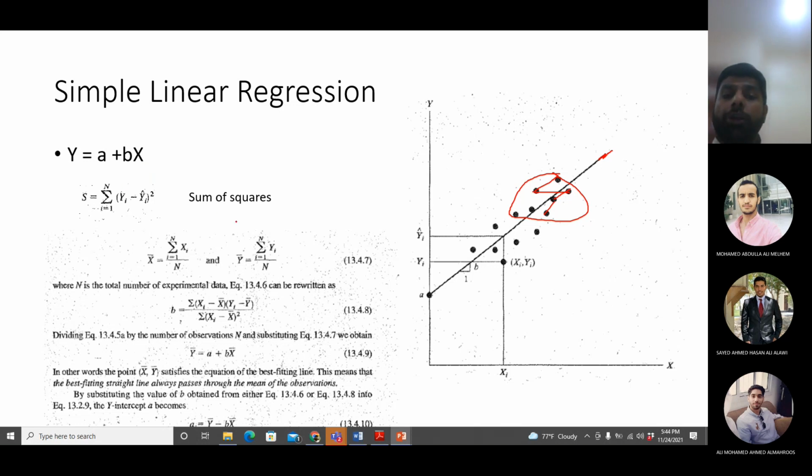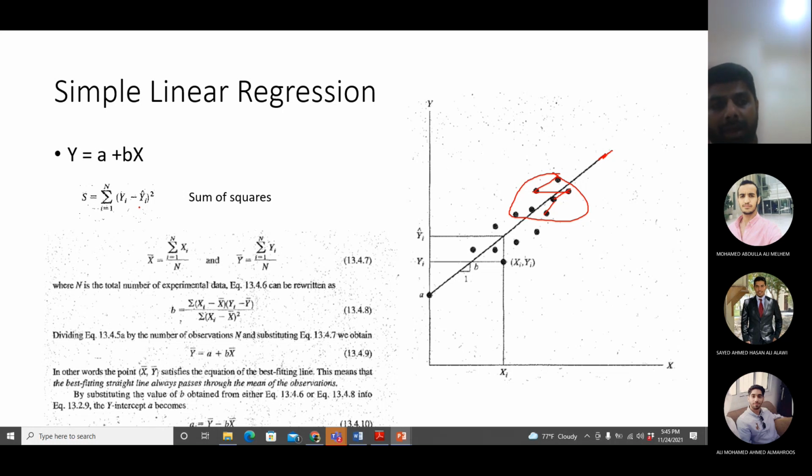I told you that for calibrating the model, we use a method known as the method of least squares. This is the least squares: y is the actual result and y cap is the result from the model. The method of least squares tries to minimize this difference.